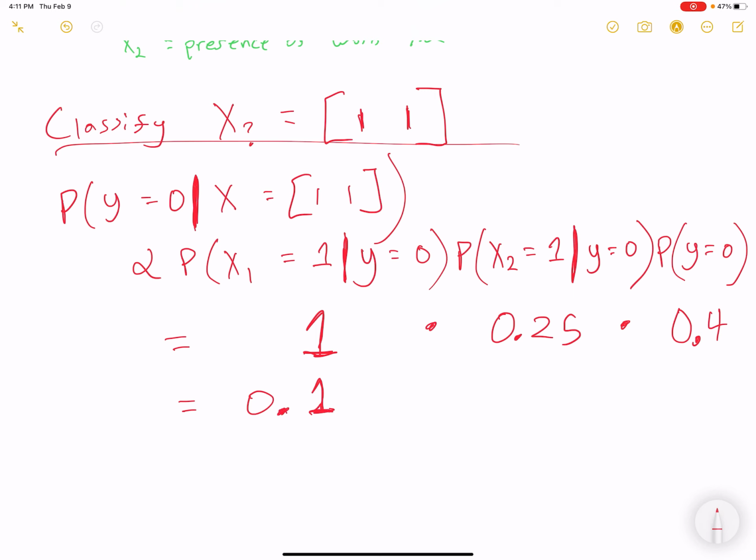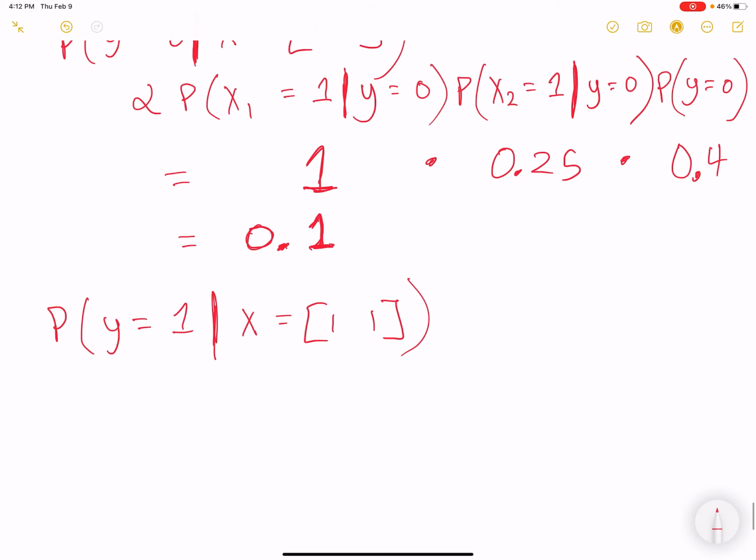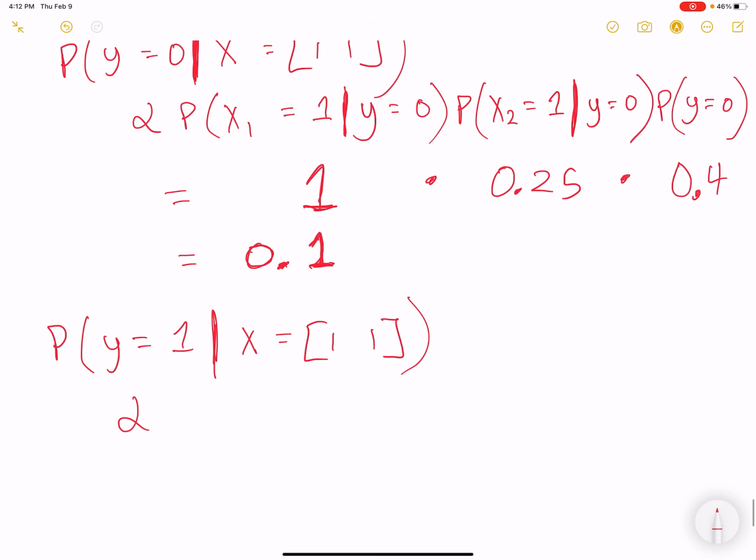So we've evaluated the case where it's not spam. Now let's look at the other probability. Doing the exact same thing, it's going to be proportional to the probability that x1 equals 1 given that now y equals 1.